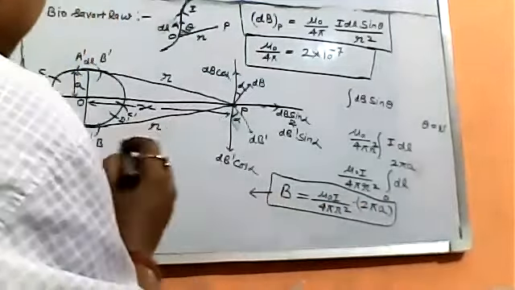So here you will put the value of r square: mu naught upon 4 pi I 2 pi a divided by a square plus x square. Okay, this is the main formula.